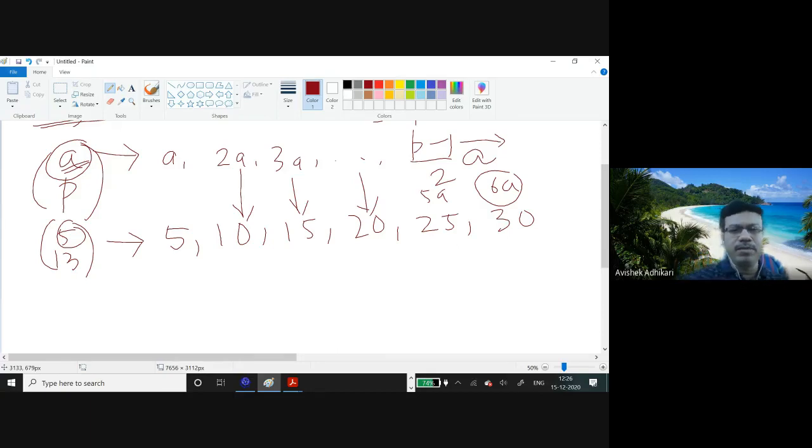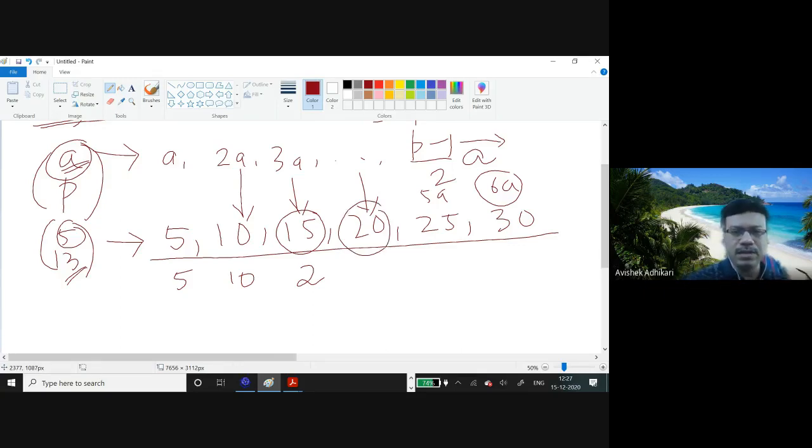Then from here, just take the modulo P of these values. So 5 modulo 13 is 5, 10 modulo 13 is 10, but 15 modulo 13 becomes 2. 20 modulo 13 becomes 7. 25 modulo 13 becomes 12.